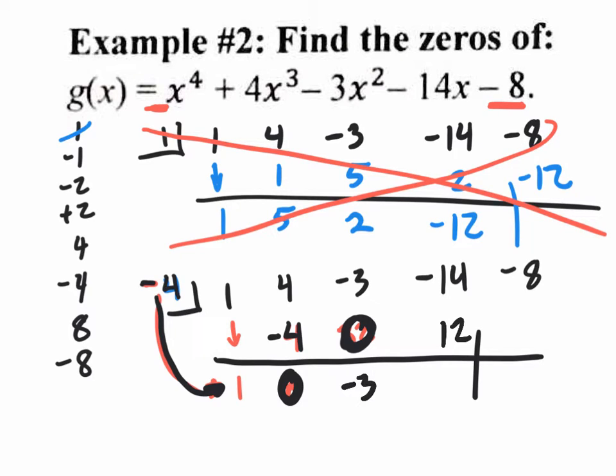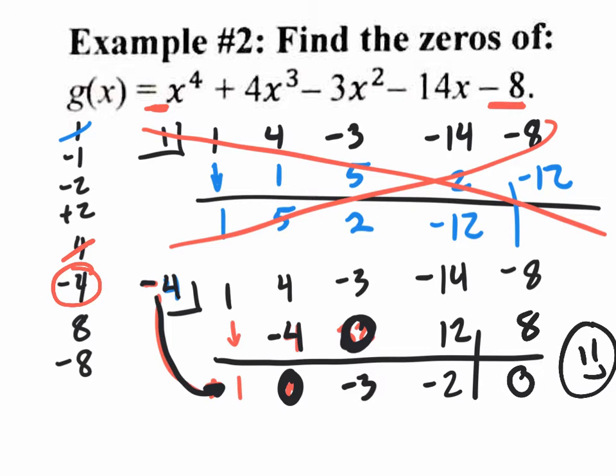Is that going to work? Negative 2? Sure it does. Because negative 4 times negative 2 is positive 8. 0. Finally, happy face. Yay. So we know that positive 4 didn't work. Negative 4 did work. So we have an answer. x equals negative 4.